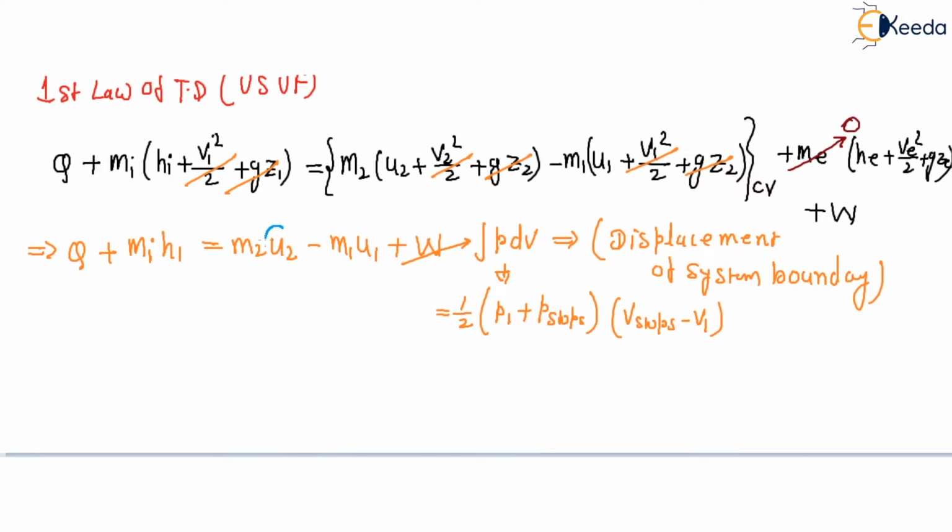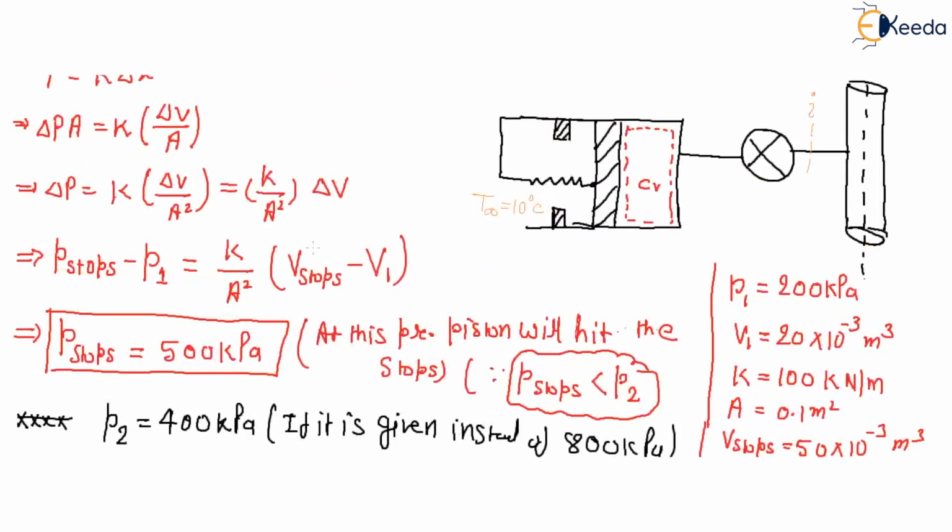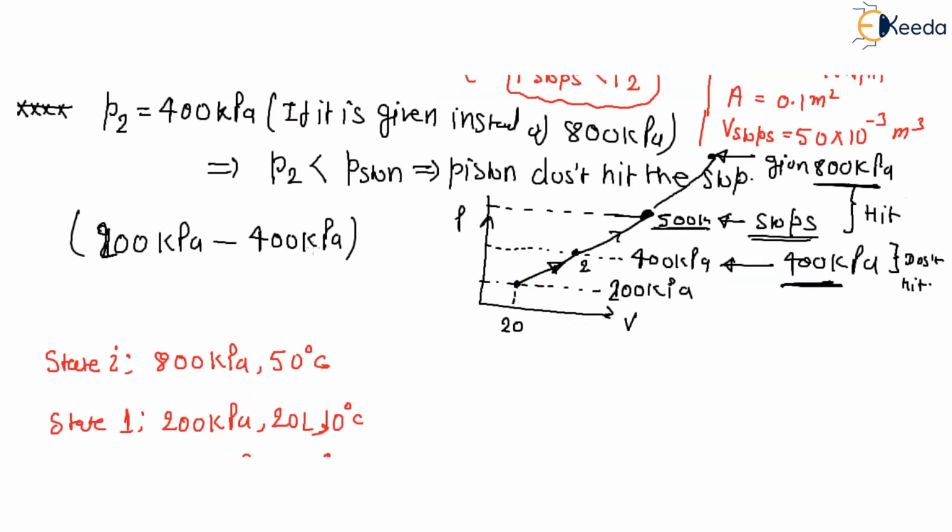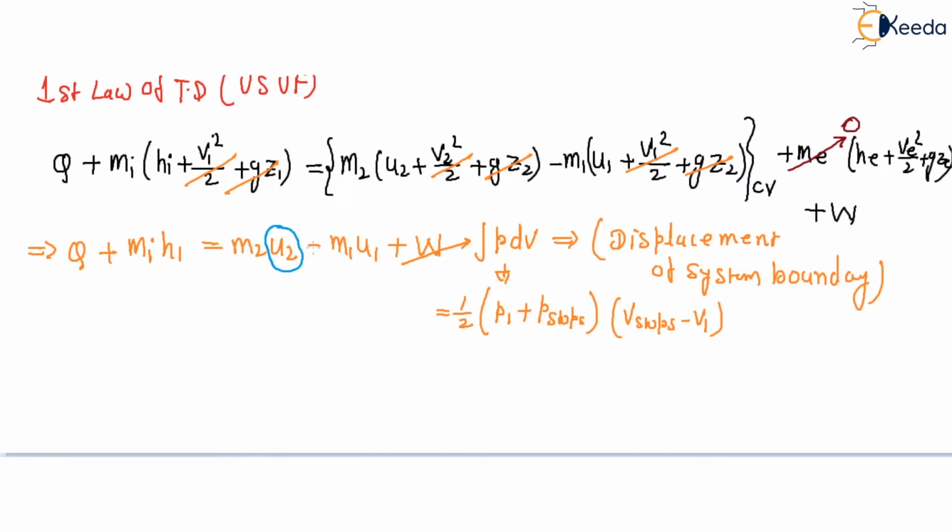So put U2 here. Since there is no large range of temperature, why? Because the range is 10 to 80 degrees centigrade, so not much of a range. So Cp is constant.